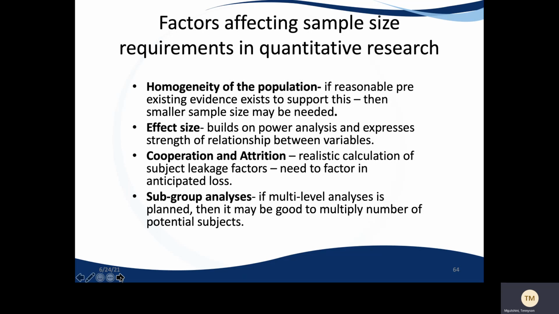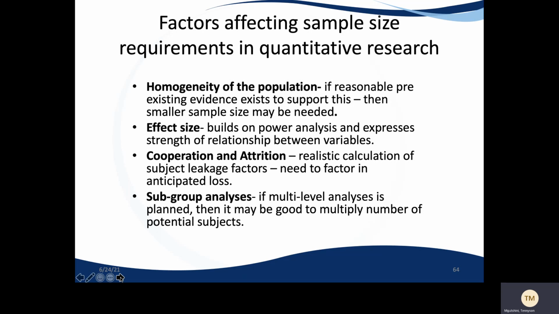So the first thing is how homogeneous the population is. If you are studying a group of people who are of the same background, they're very, very similar in many, many attributes, and there's 100 of them, you probably need a much smaller number to be quite confident that you have understood the population well.